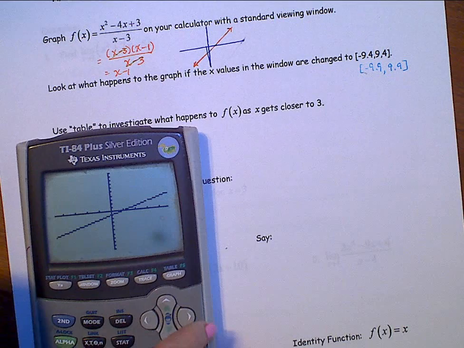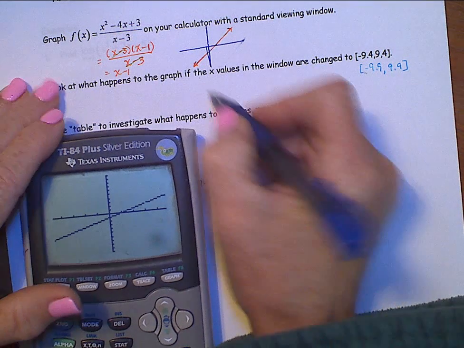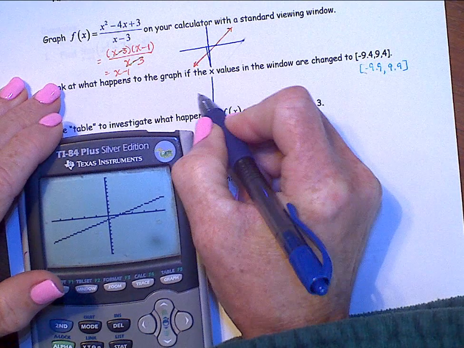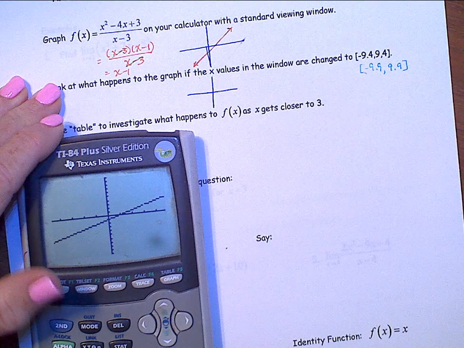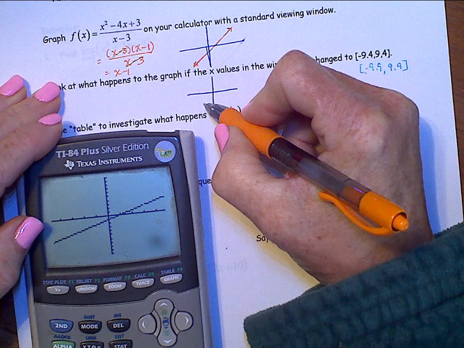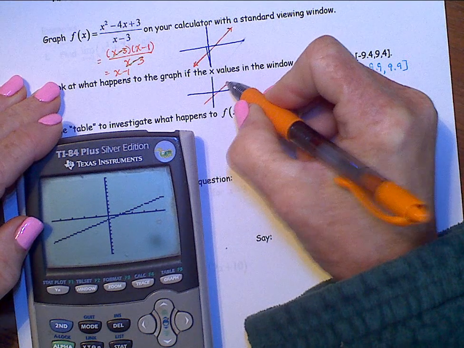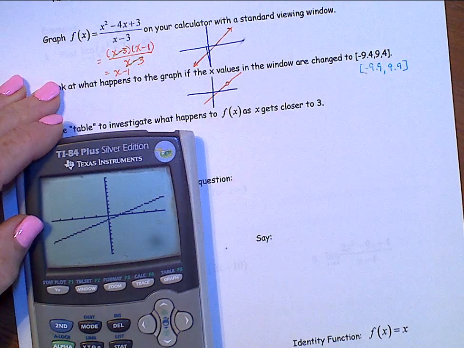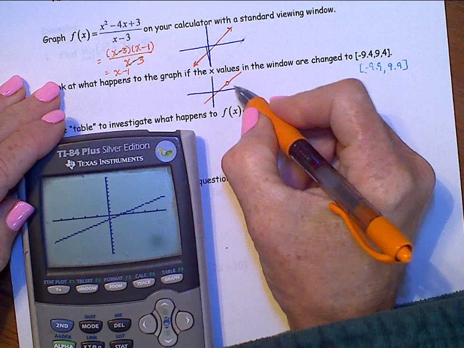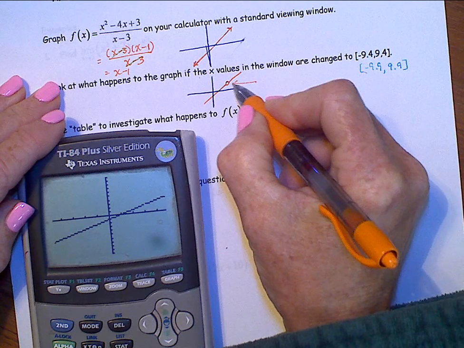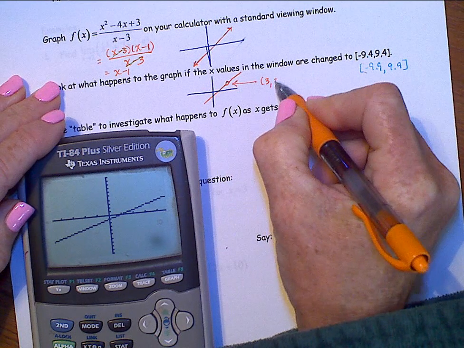When we put that graph in here, there's a hole in here, and that hole is at the point 3, 2.